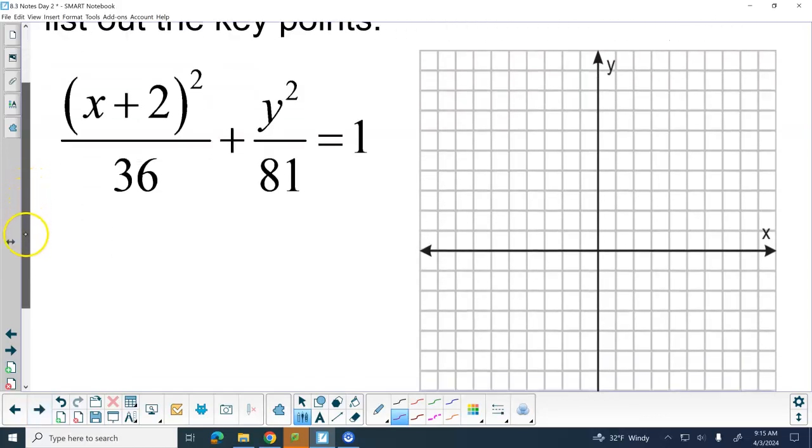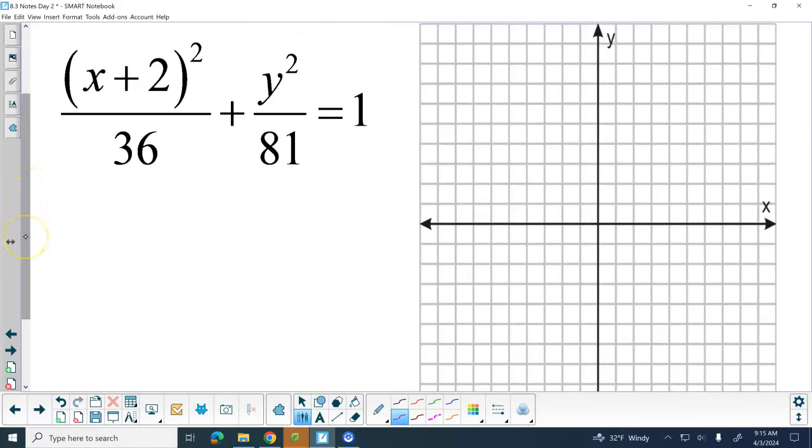Step number 1 said, I need to find the center. Where is the center? Negative 2, 0. I would concur. That puts me right there as a center.